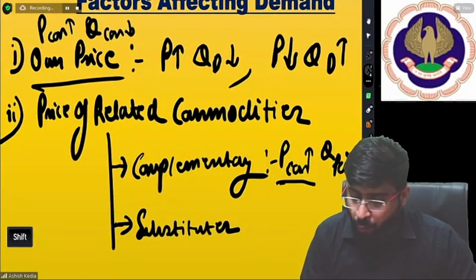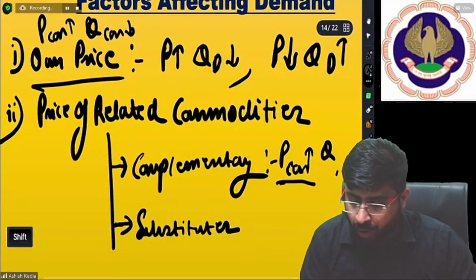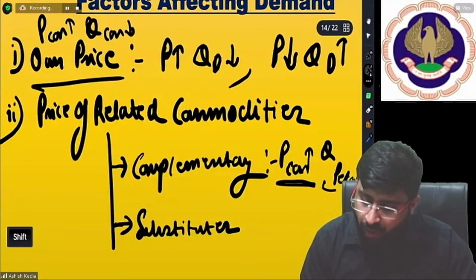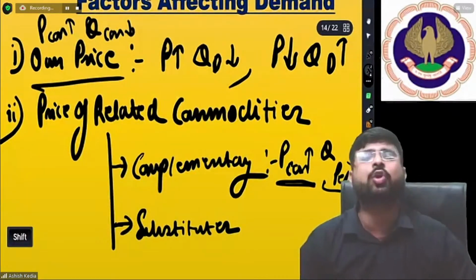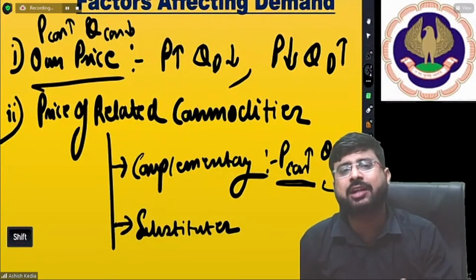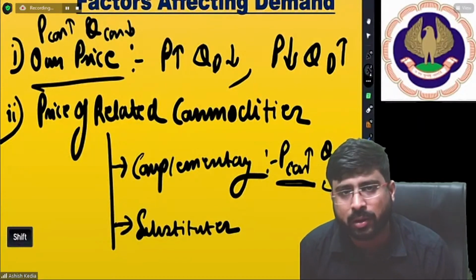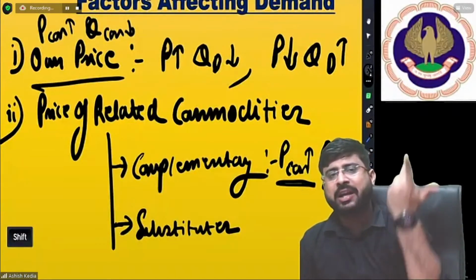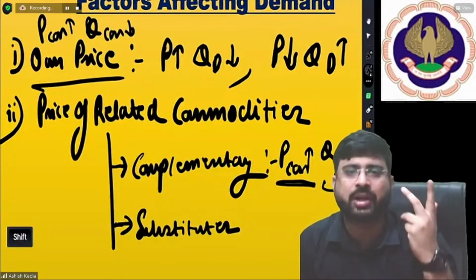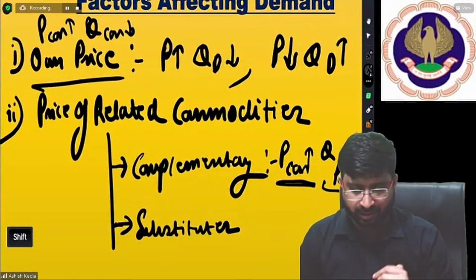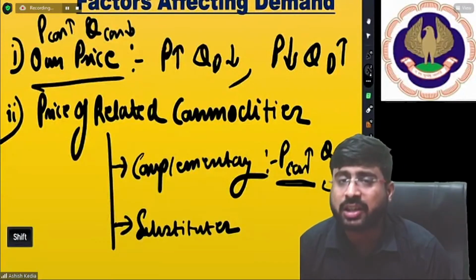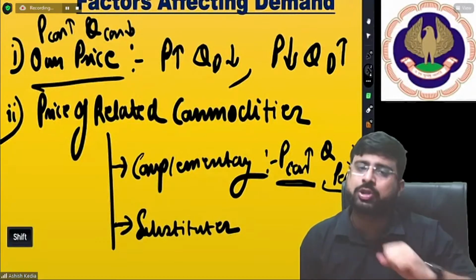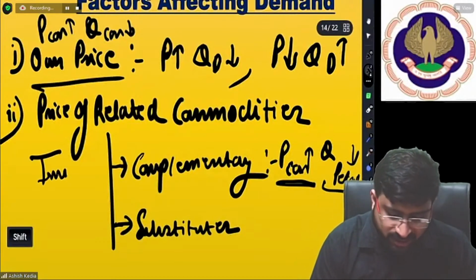So what will be its impact on petrol? If the car becomes expensive, the quantity of petrol will obviously go down, because if people are not buying cars, why would they want to take petrol? You will not see people on a random Sunday planning to go and buy petrol even if they don't have a car. It's not making any sense. So in case of complementary goods, if the price of one good increases, the quantity of both will fall. So there is a kind of inverse relationship.